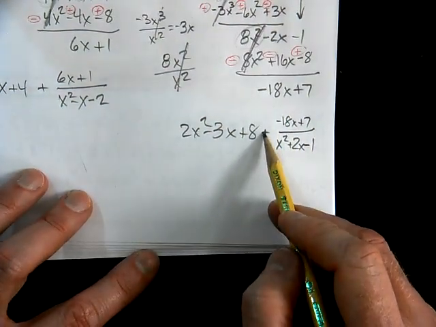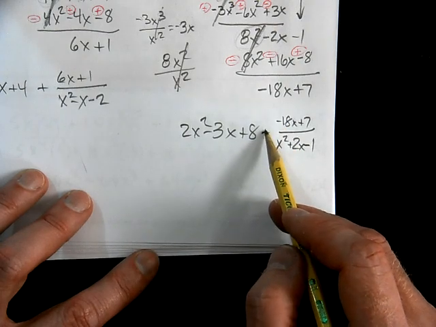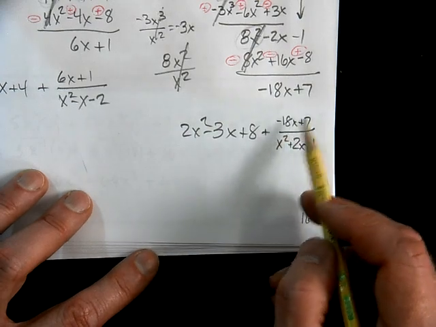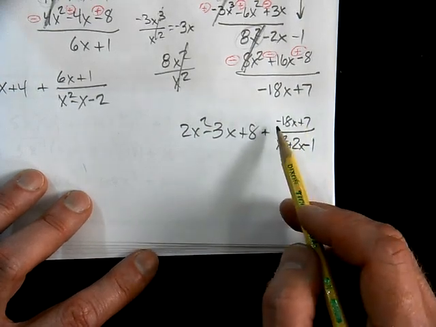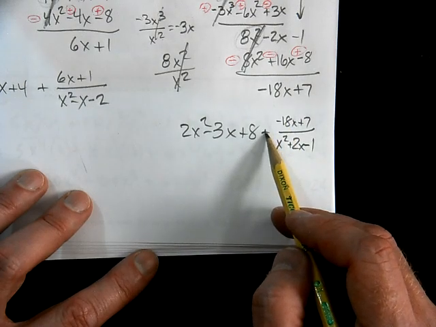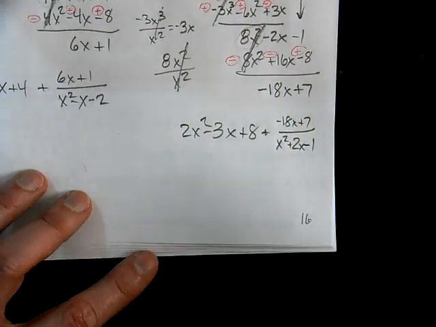You cannot make this a minus and make that an 18, because then when you distribute it back through, you have to distribute it to both terms, so you'd have to make the 7 a negative, and it's all confusing. So put a plus every single time, and if your remainder is negative, then your numerator is negative.